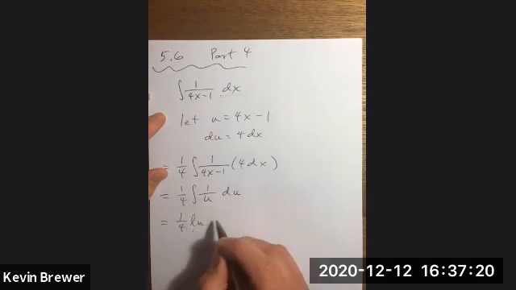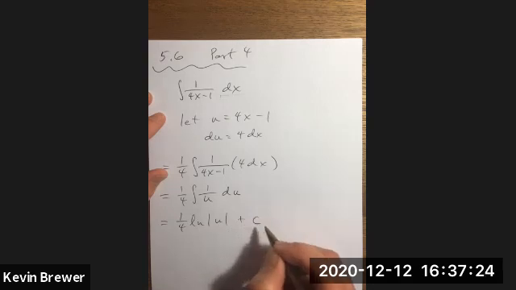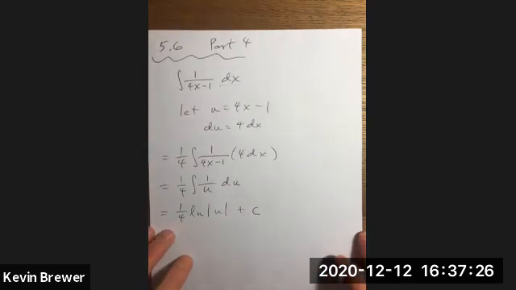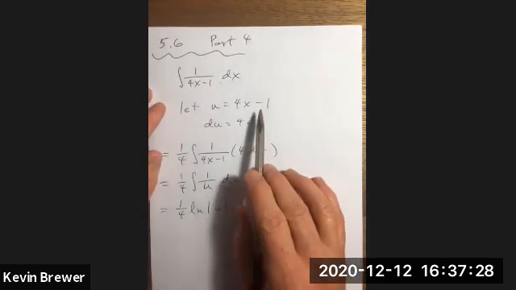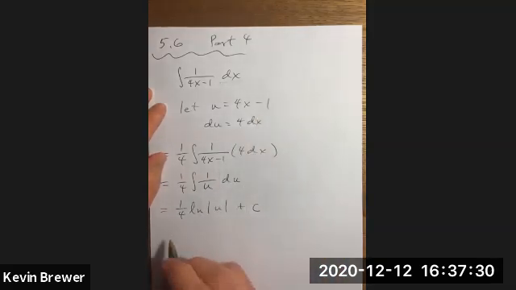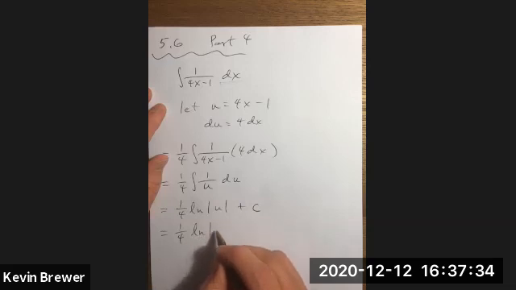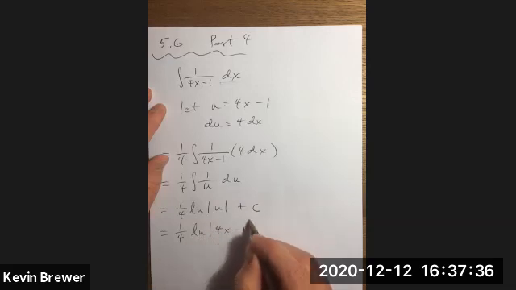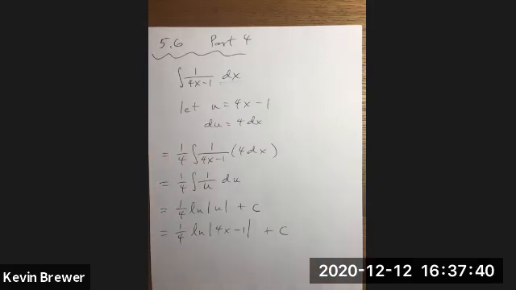So 1/4 natural log of the absolute value of u plus a constant. And finally, we unsubstitute. Okay.